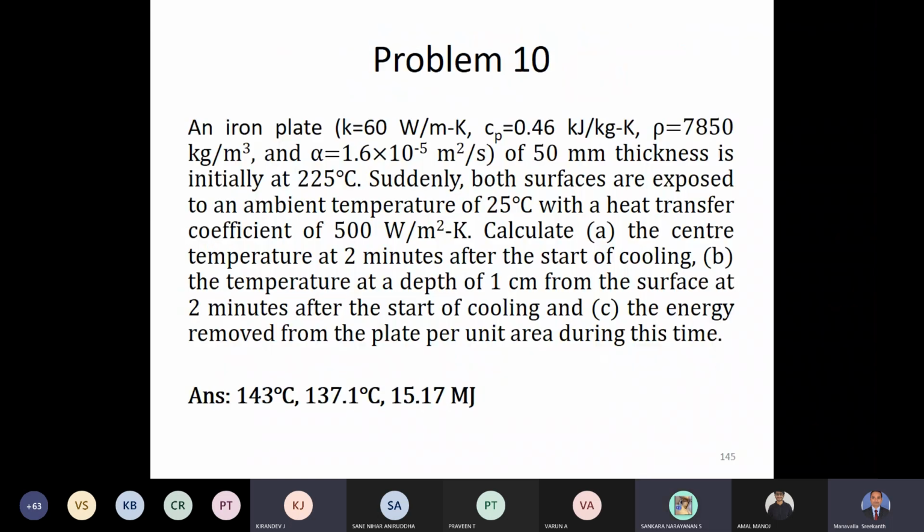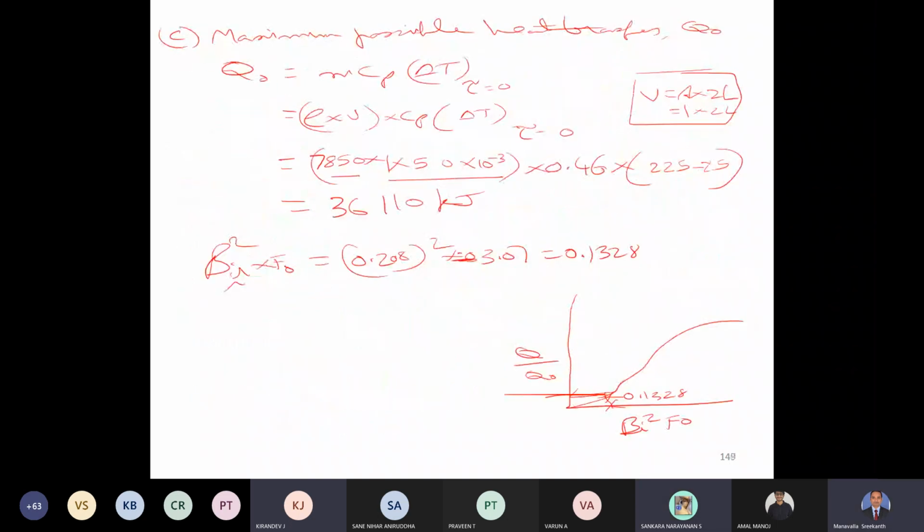So as of now, Q by Q naught, I'm taking it as 0.45. So Q is 0.45 multiplied by Q naught, 36,000, which gives 16,240.